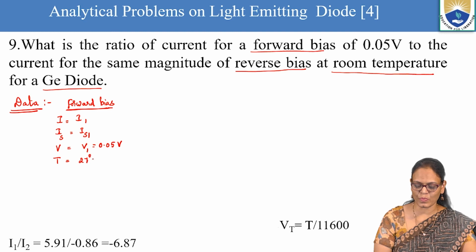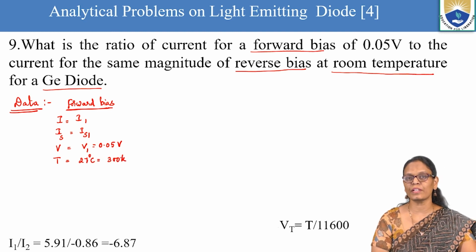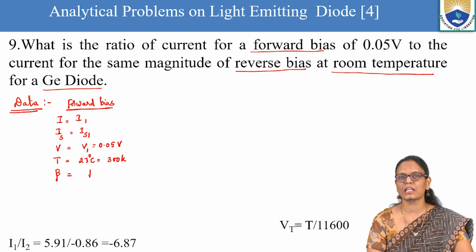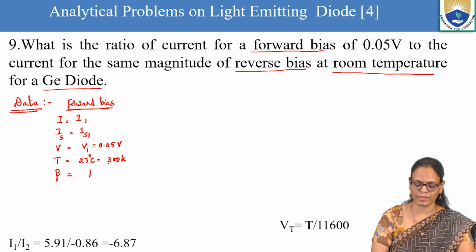So we will take it as 27 degrees Celsius, which is 300 Kelvin, and it is a germanium diode, so beta is equal to 1. This is the case for forward bias.